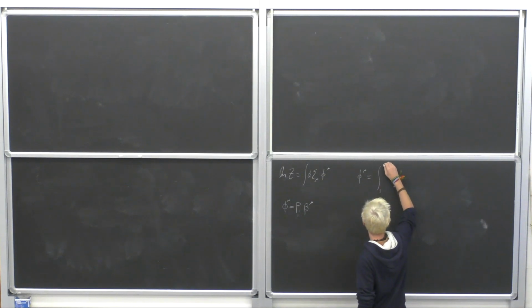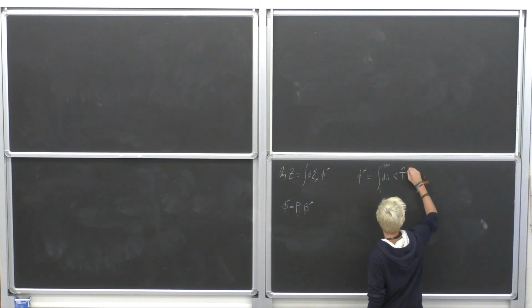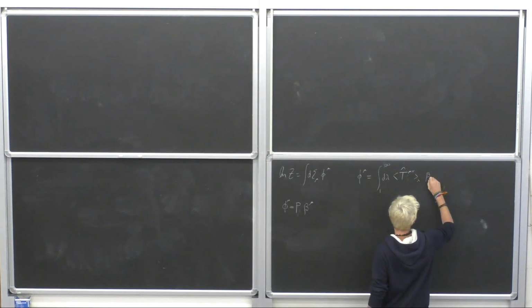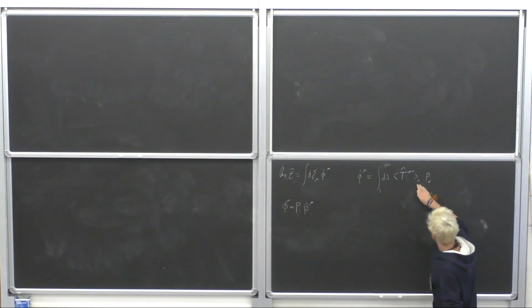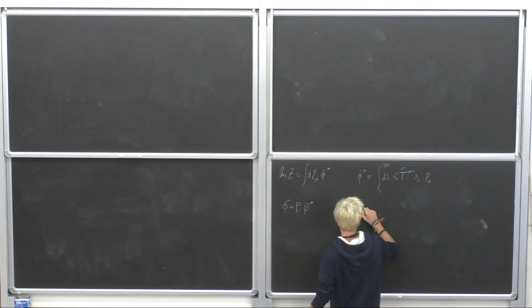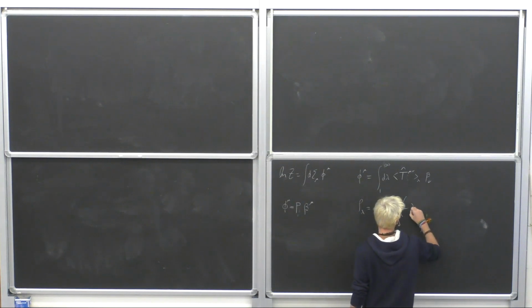Phi mu is the integral between 1 and infinity in d lambda of the expectation value of the energy momentum tensor T mu nu times beta nu, where these expectation values with this lambda subscript are computed using a modified density operator, which is 1 over Z the exponential minus lambda.